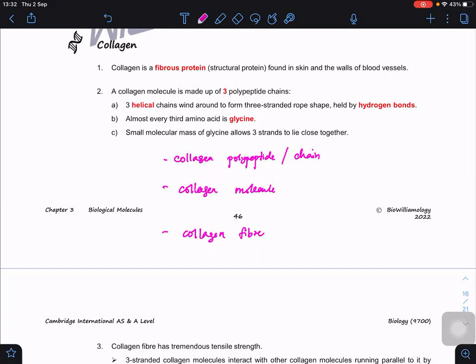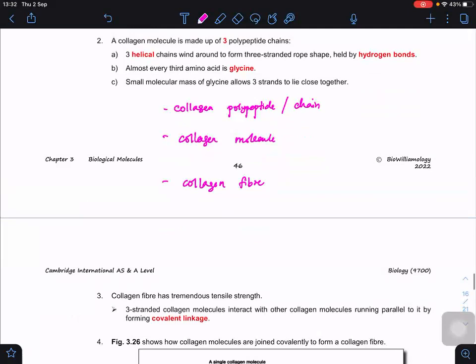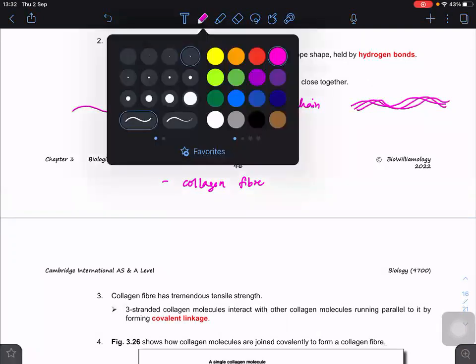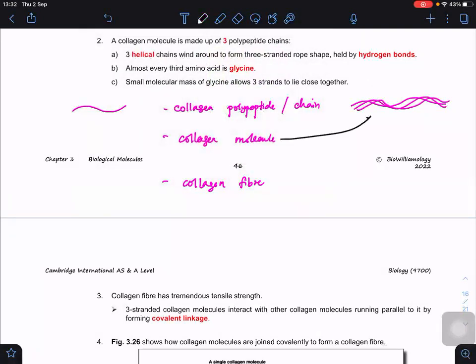So how does it look? First of all, we have one collagen chain of polypeptides. Can you see that? Three of them, their helical structure, three of them will link together to form one collagen molecule. Okay, so this is collagen polypeptide. Three of them join together, then form one collagen molecule.